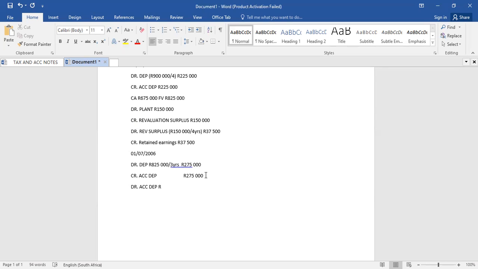Remember, this is depreciation of 275,000, the depreciation for this year, the current year. We want the accumulated, which is the depreciation of previous years. We bought our asset in 20x5, so it has gone through one year only. How much is our accumulated depreciation? 225.